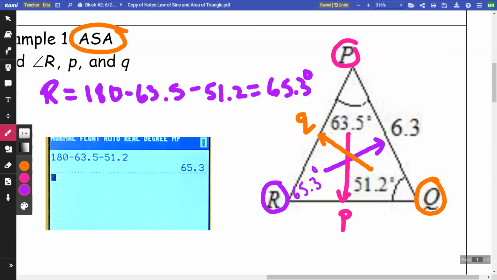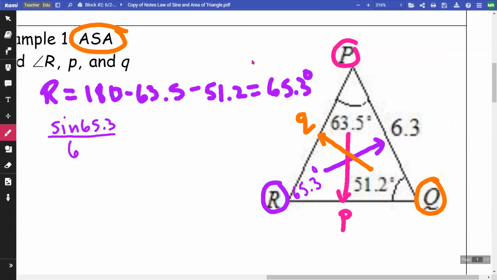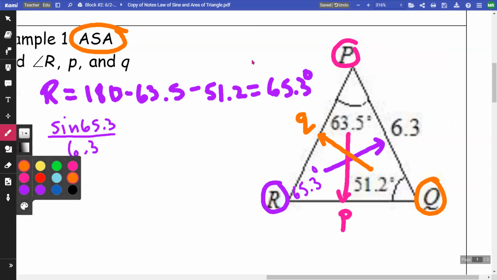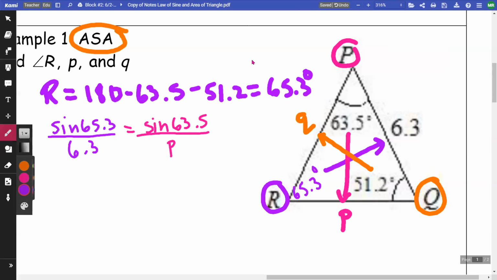For this, I'm going to set up and color code. I'm going to do sine of 65.3 over the side opposite it, which is 6.3, equals, and let me do my p first. So angle P, that's sine of 63.5 degrees over little p. I'm going to cross multiply and solve.